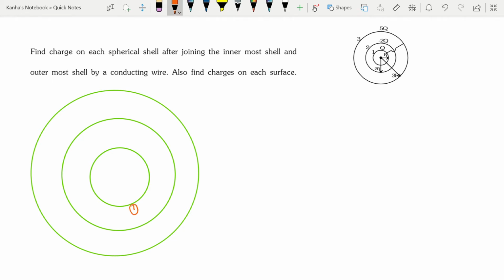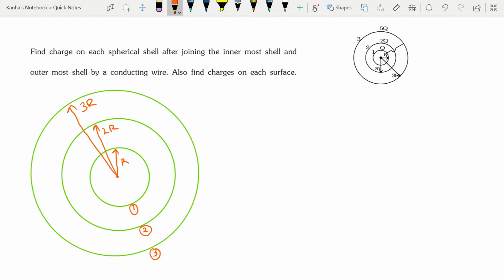Circle number 1, circle number 2, and circle number 3. What is given to you is the radii: r, 2r and 3r.